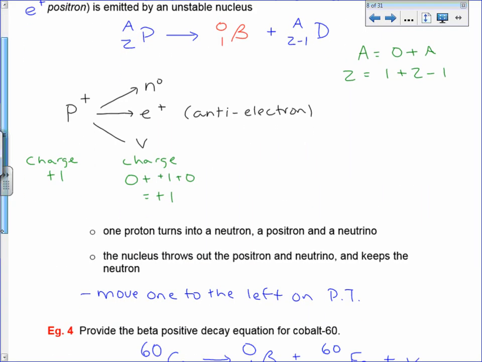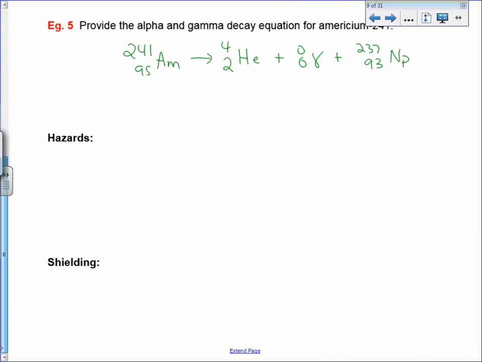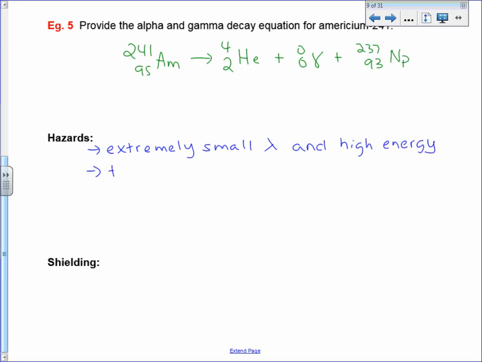So this has extremely high energy, extremely small wavelength and high energy. It travels at the speed of light because it is a gamma photon.